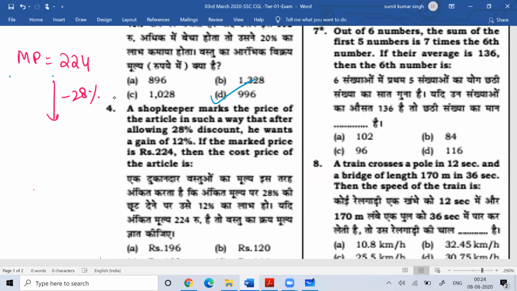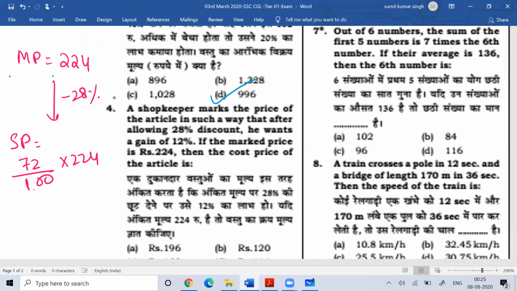So the selling price is basically 72% of 224. That is your selling price. When he's giving a discount of 28%, he wants to make a gain of 12%. Whenever you talk about profit percentage, it is always calculated on cost price.